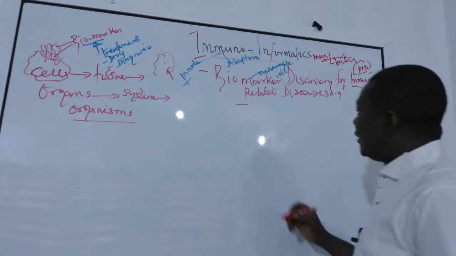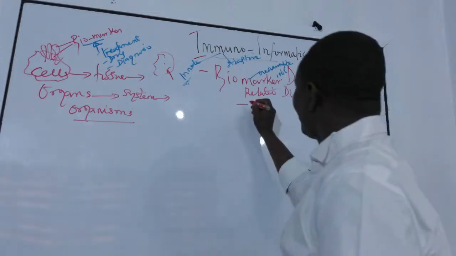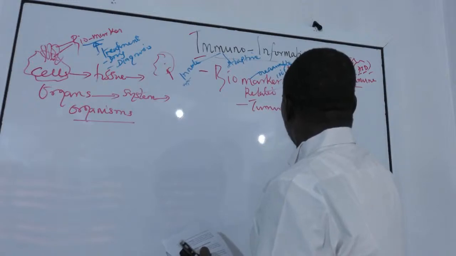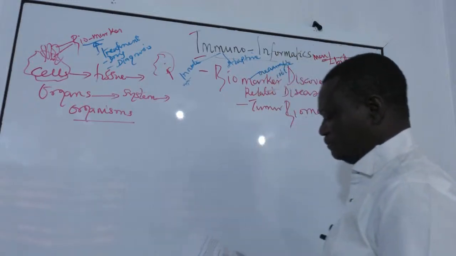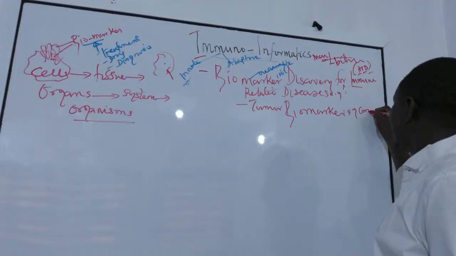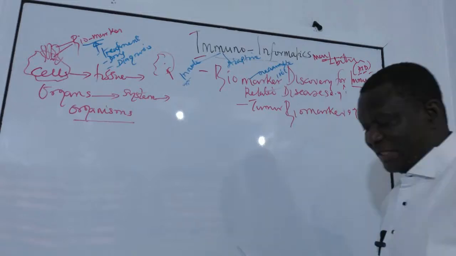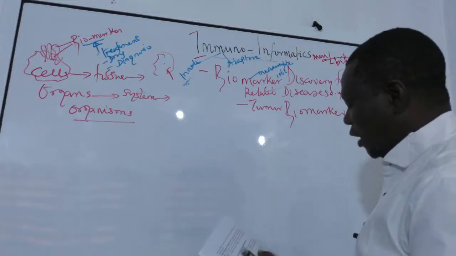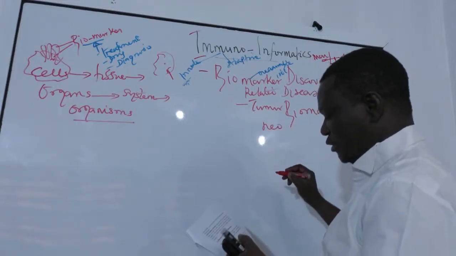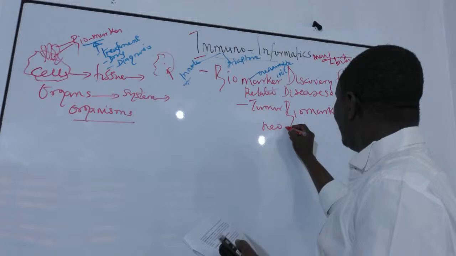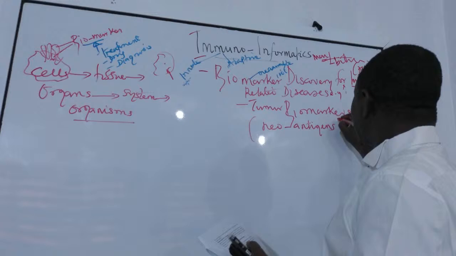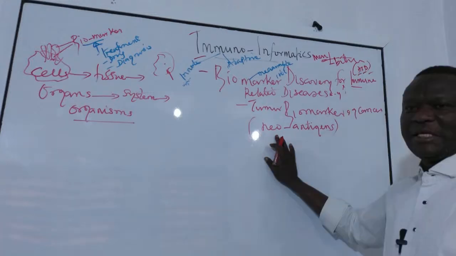So the first one is the tumor biomarker. Just like I told you, especially in cancer, immunoinformatics has helped us identify some antigens called neoantigens. What are neoantigens? These are antigens that can be used as biomarkers.